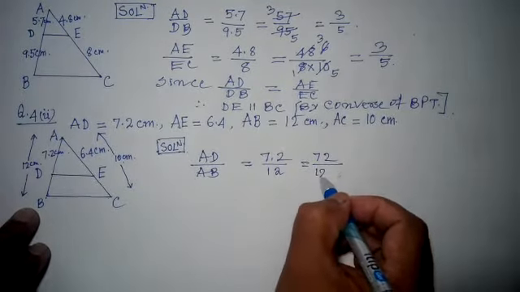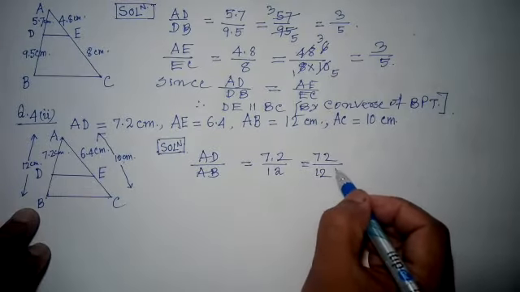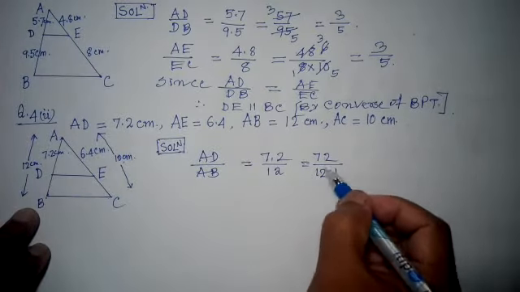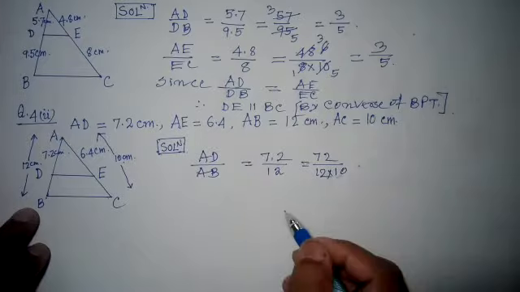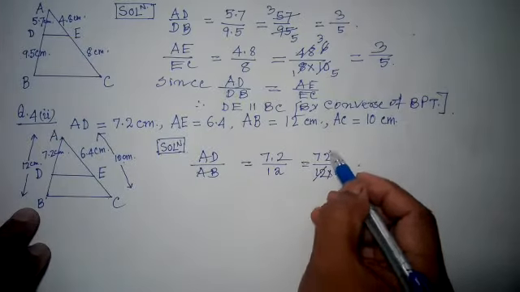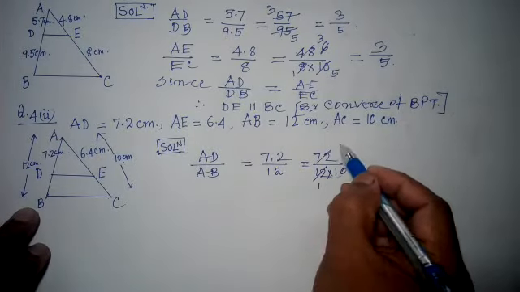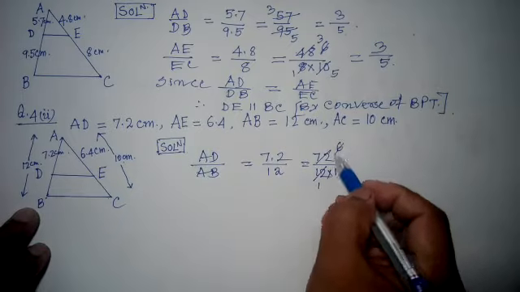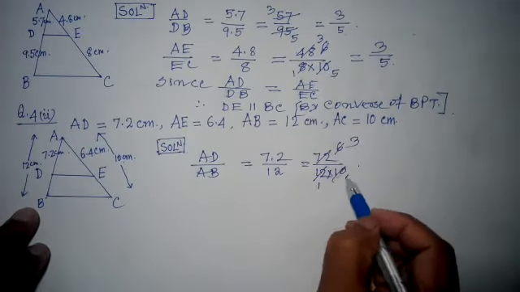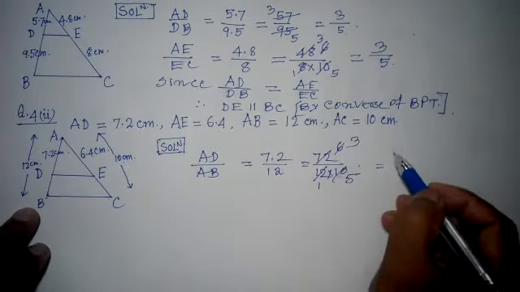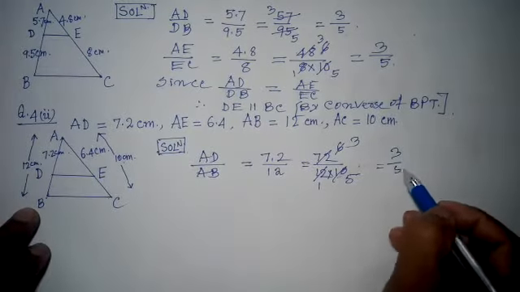If we cancel the point, here is 1. After point 1 number, 1, 0. So cancel this 12 and 72. By 12 here is 1 and here is 6. Cancel by 2, here is 3 and here is 5. So we get here 3 by 5.